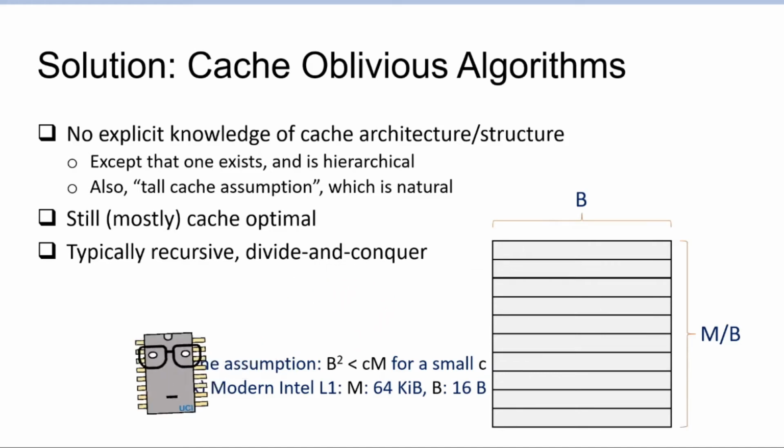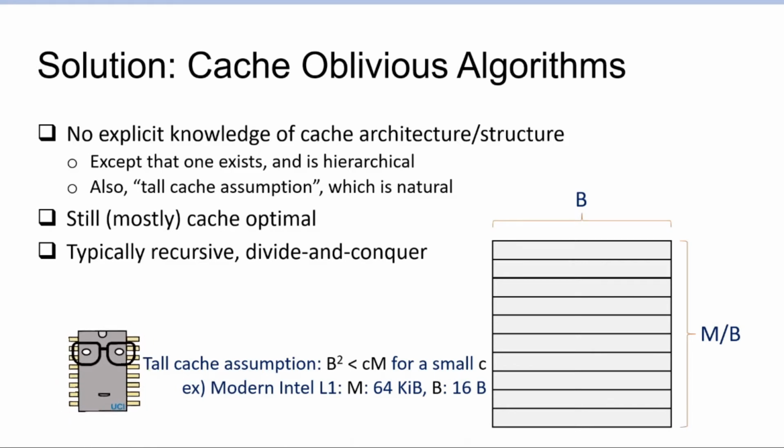This pretty much always holds in the modern machines you would come across. Say in a modern L1 Intel processor, the total size is, well, I used 64 kilobytes because I was counting iCache and dCache at the same time. But yeah, 64 kilobytes being M, 16 bytes being B. 16 squared is still much, much smaller than 64 kilobytes, meaning the tall cache assumption does hold. And this is not particularly important. You don't have to memorize this equation right now, at least for the purposes of this particular lecture.